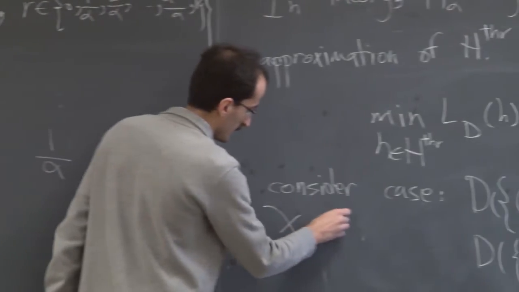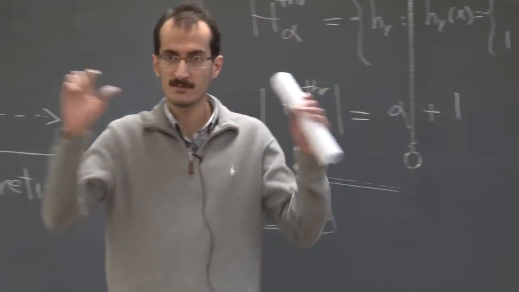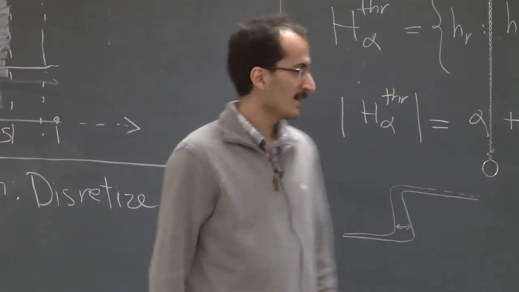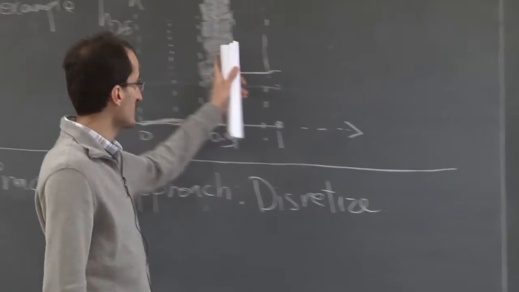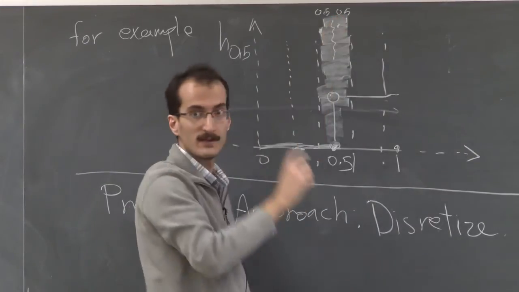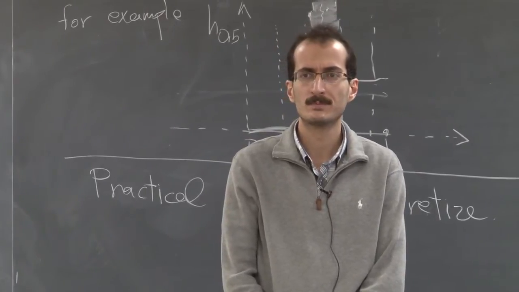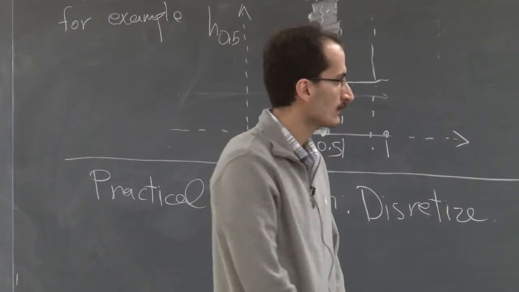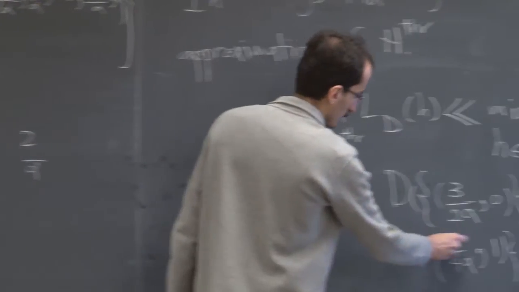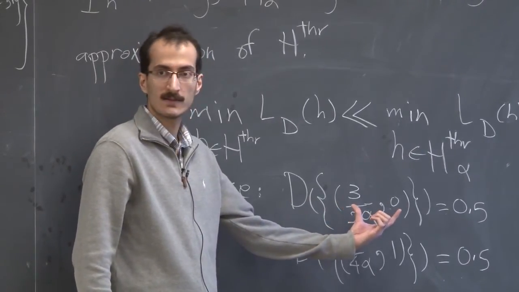The domain is still 0, 1, but we put all the distribution over just 2 special points. My example is different from this one because this one is uniform. I put all of the distribution on just 2 points. This is a pair, and I used it for labeled data.